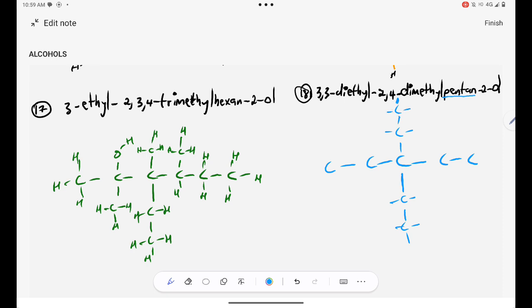And then at carbon number 2, I have my methyl as well as the alcohol. And at carbon number 4, I have another methyl. So all I have to do is just write down the hydrogens, and then this would be my structure, guys.